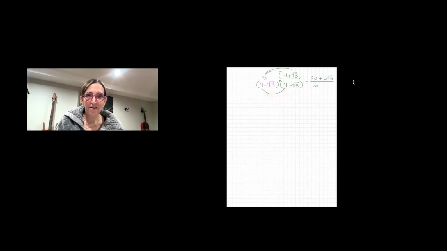And that happens every single time, which is beautiful. So I'm always going to have this one squared, the middle ones cancel, and then I'll have minus root 3 times positive root 3, which is negative root 9, or just negative 3. So this is always going to FOIL and be the first one squared minus the second one squared, which in this case is 16 minus 3.